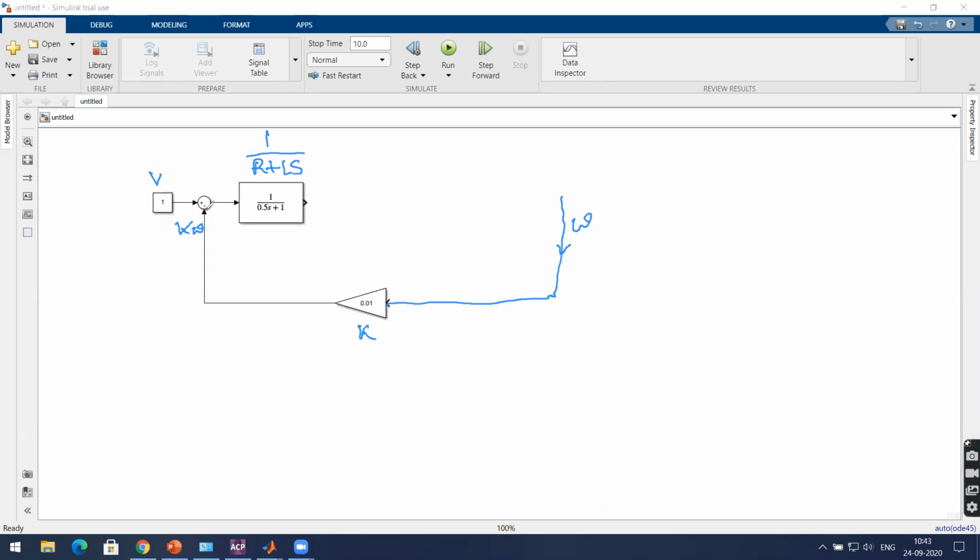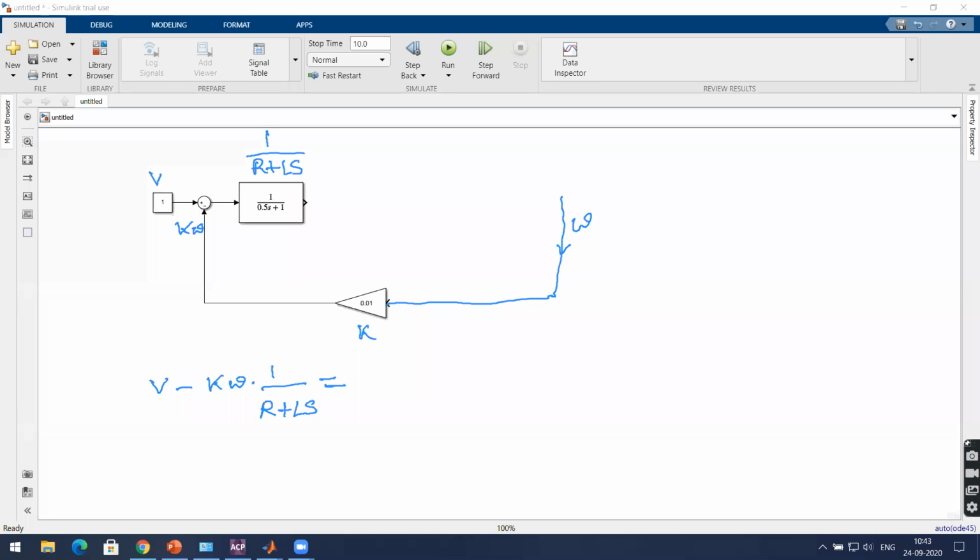Okay. What is happening? V minus K omega into 1 by R plus Ls. This is what you're doing. Okay. This is equal to what?